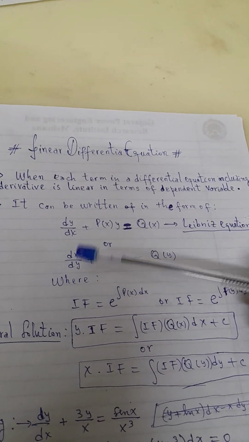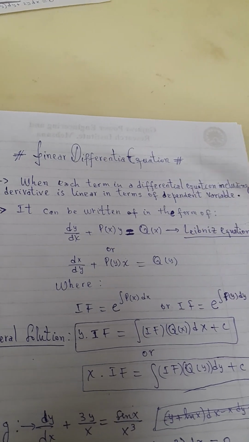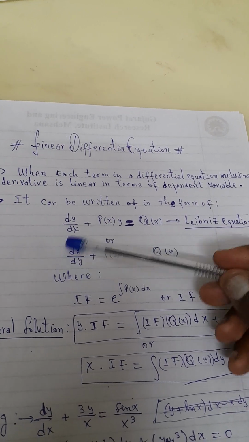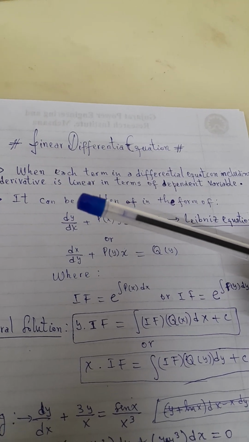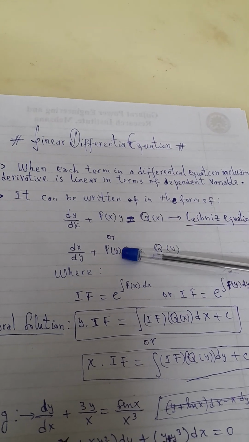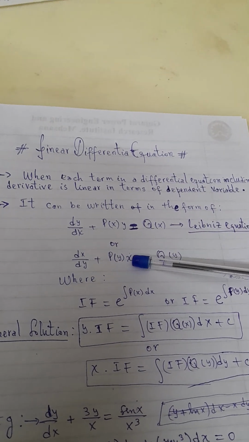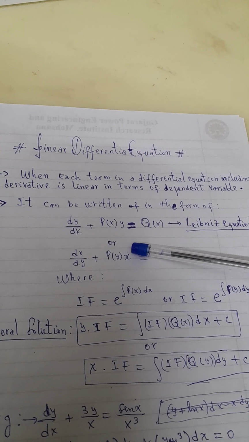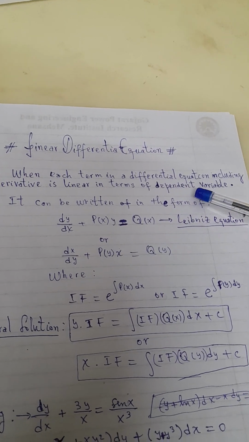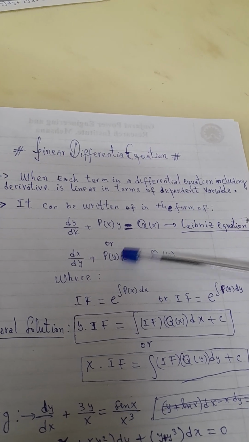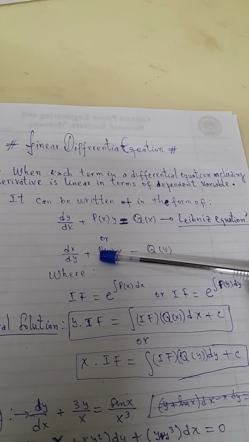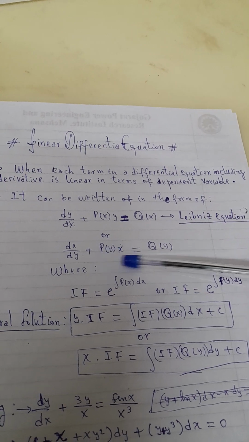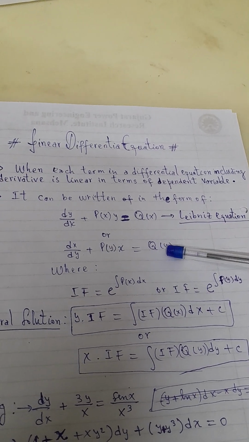In this case, I will have the derivative of x with respect to y one time, as well as our dependent variable x appearing one time with degree 1, multiplied by p, a polynomial of y, and q will also be a polynomial of y.